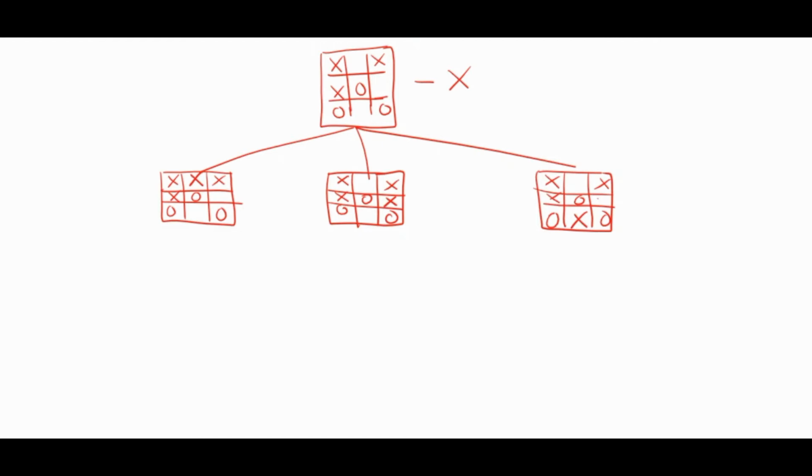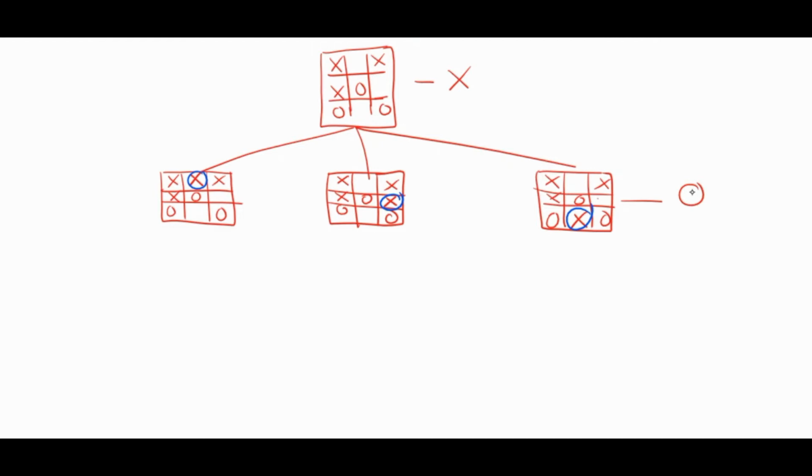If player X would choose to place the mark here, then it would result in this game state. Or if player X would choose to place the mark here, then it results in this second game state where the new mark is here. Or player X could choose to place the mark in here, resulting in this third game state where the mark is here. On this level, it is the turn of player O.